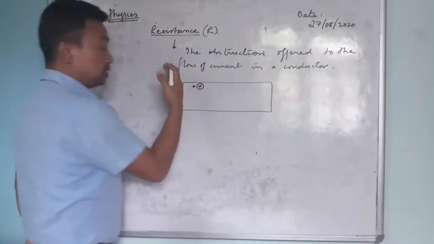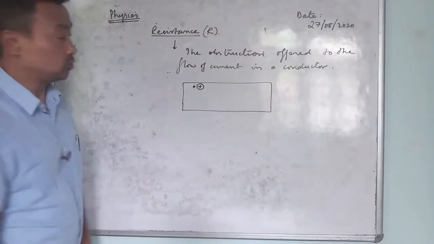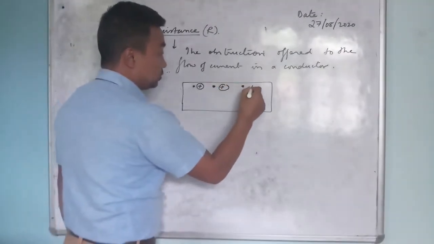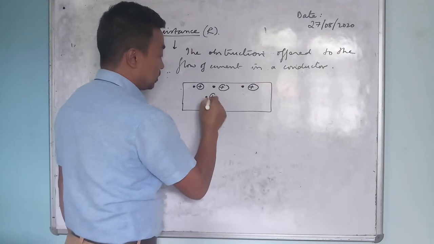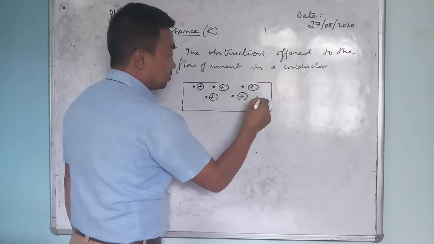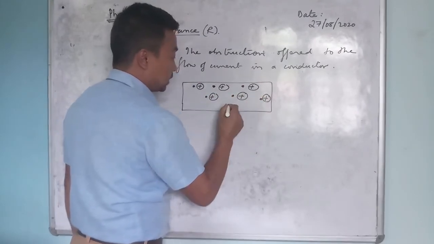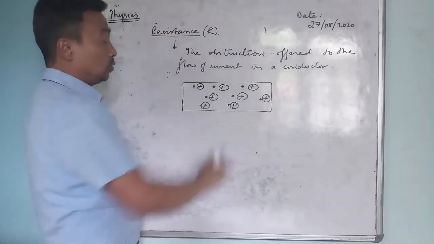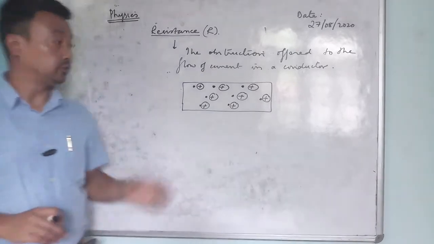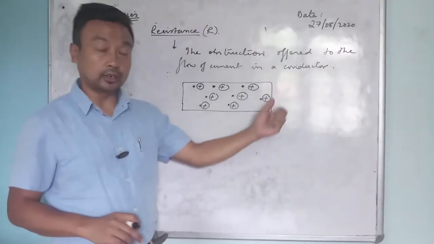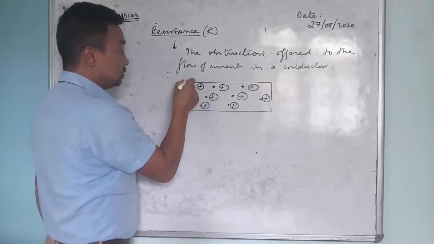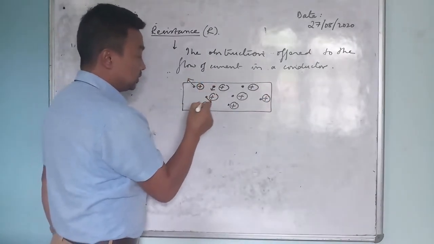In a conductor, there are infinite number of electrons, so I'll just show you a few. In fact, it has equal number of electrons as well as positive ions. They are balanced. So when this metal is in a free state, when it is not connected to any circuit or wire, there is a random movement.